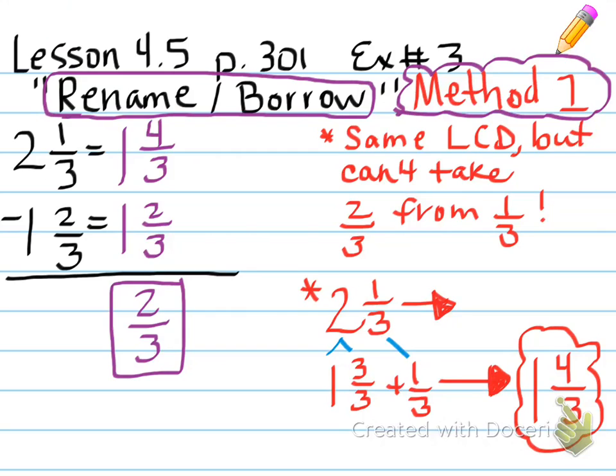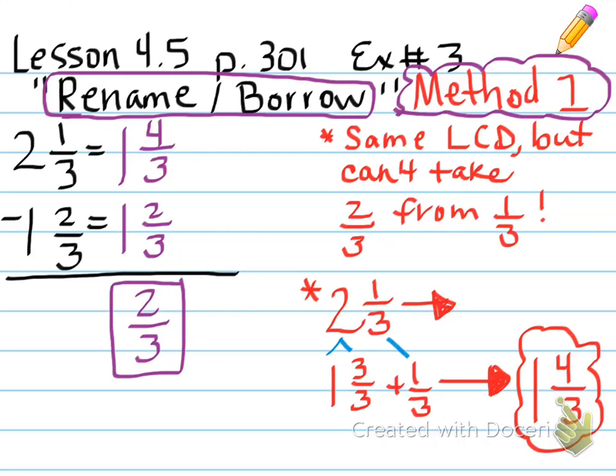It all needs to be renamed. Okay, so now I've got 1 and 4/3, and I know that looks funny because we're used to changing mixed numbers and improper fractions, but for this purpose we need it to look like this, 1 and 4/3, so that I can do the subtraction with the fractions.